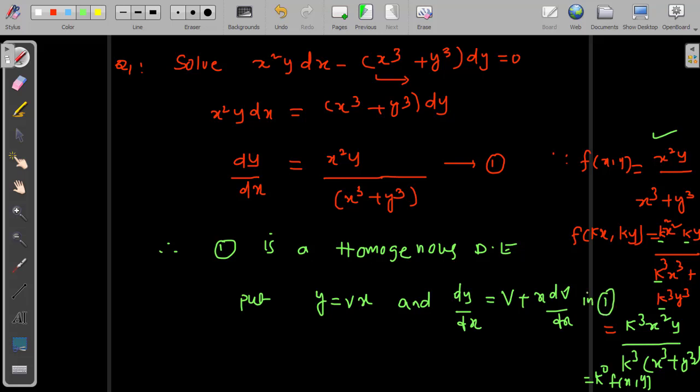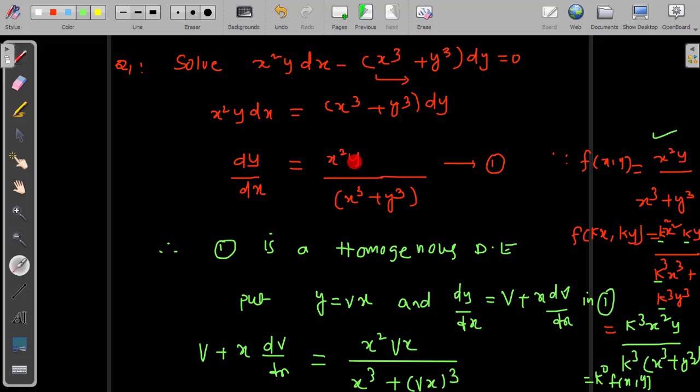Substituting both in equation number 1, the LHS dy by dx becomes v plus x times dv by dx, equal to the right side: x square, we have y means vx, divided by the denominator x cube plus y cube, which means vx whole cube. Just substitute y means vx everywhere.